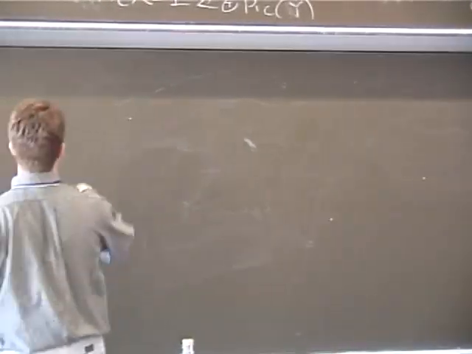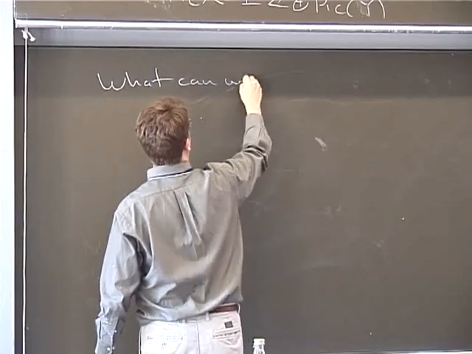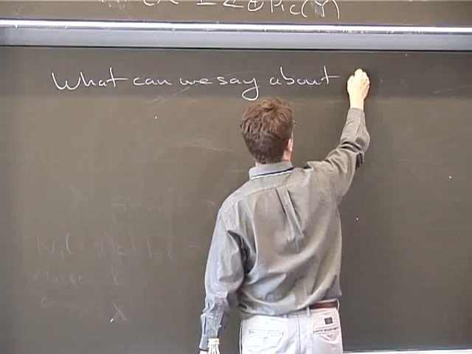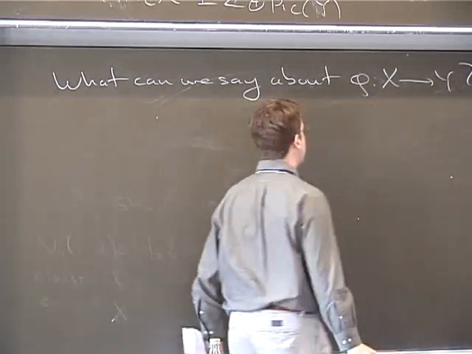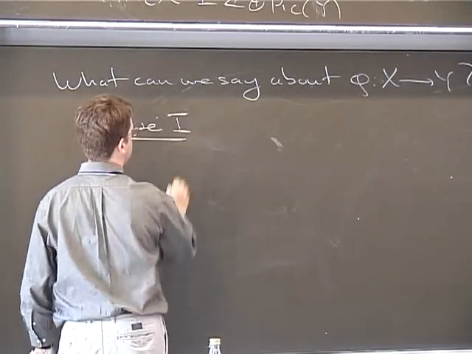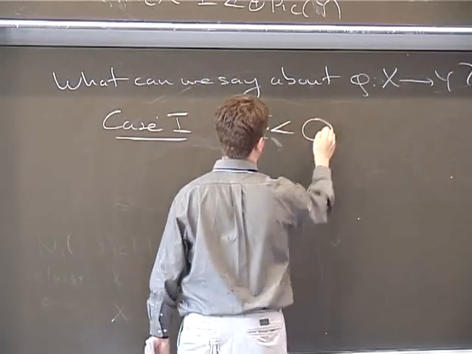Well, the first case, let's consider what happens when R squared is less than 0.